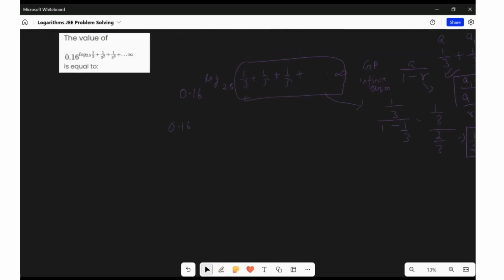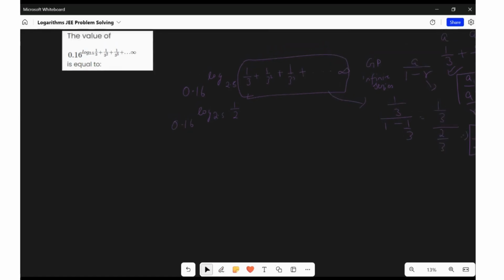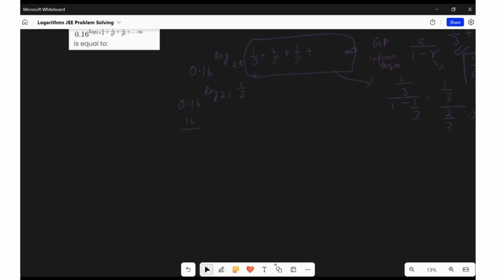So 0.16 to the power log 1 by 2 base 2.5. Now we'll remove the decimals because we need to make our question very easy and simple. So 16 by 100 to the power log 1 by 2 to the base 2.5.